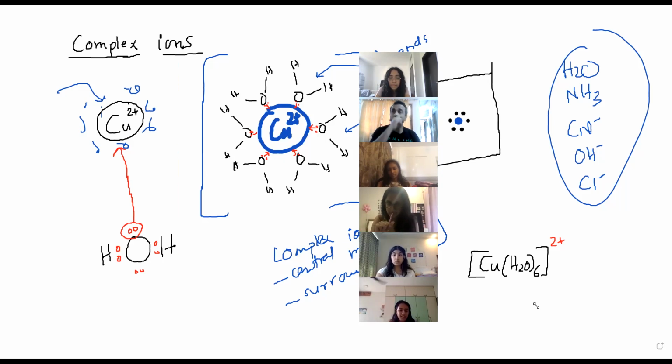But when we do the reasoning for the colored compounds, you will be only expected to know the splitting for those complex ions which have 6 ligands. Meaning octahedral, the shape will come.